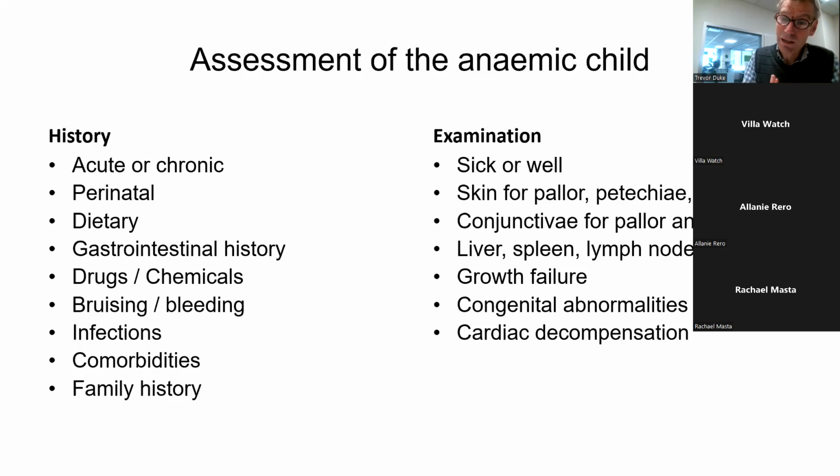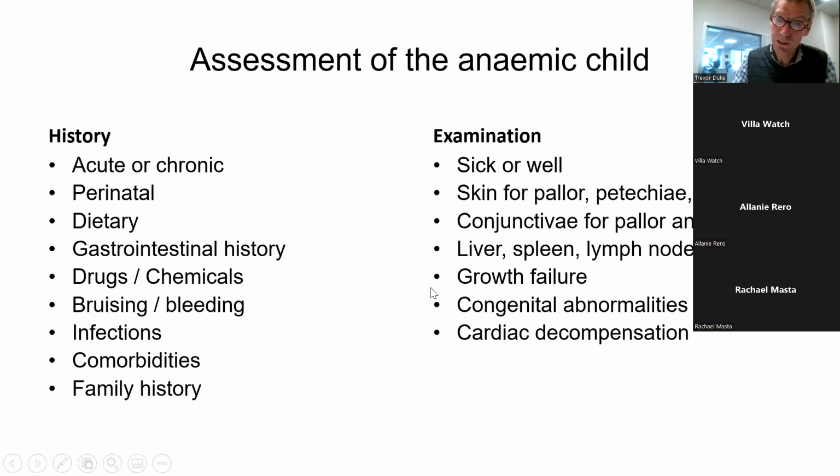Feel for the liver and the spleen and the lymph nodes, the entire reticuloendothelial system, because they might provide some clue to an underlying hematological problem that's led to anemia, such as leukemia or some other chronic infection that's led to hepatosplenomegaly and lymphadenopathy. Assess the child's growth, because this goes back to, is it acute or chronic?